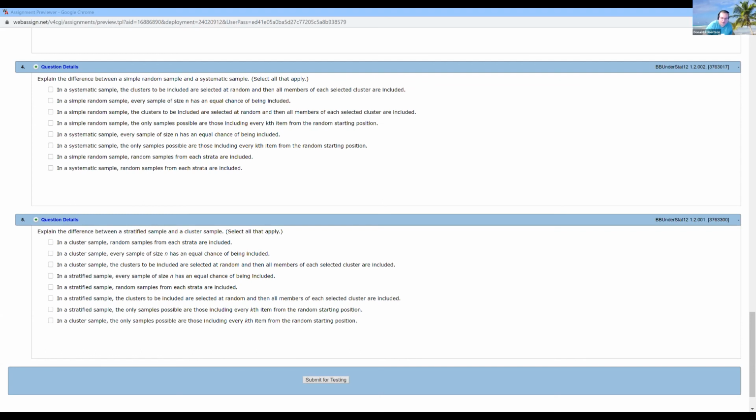There's a cool little, darn it, where are you? Oh, here we are. I don't know if you can see this yet. Can you see this other sampling techniques? Can you see that page?